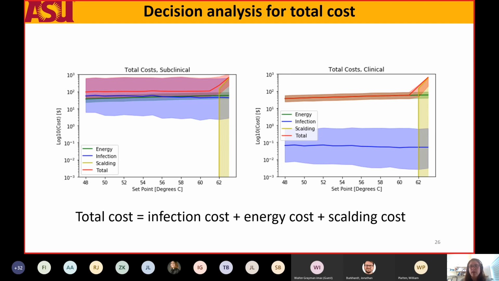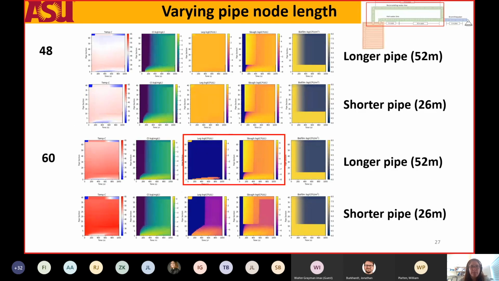So we didn't consider the redness of the skin as a relevant endpoint, as that wasn't thought to be associated with a cost or a medical visit. But certainly if you had more of a gentle gradation in your scalding considerations, perhaps you would see that scalding cost come up a little bit higher.